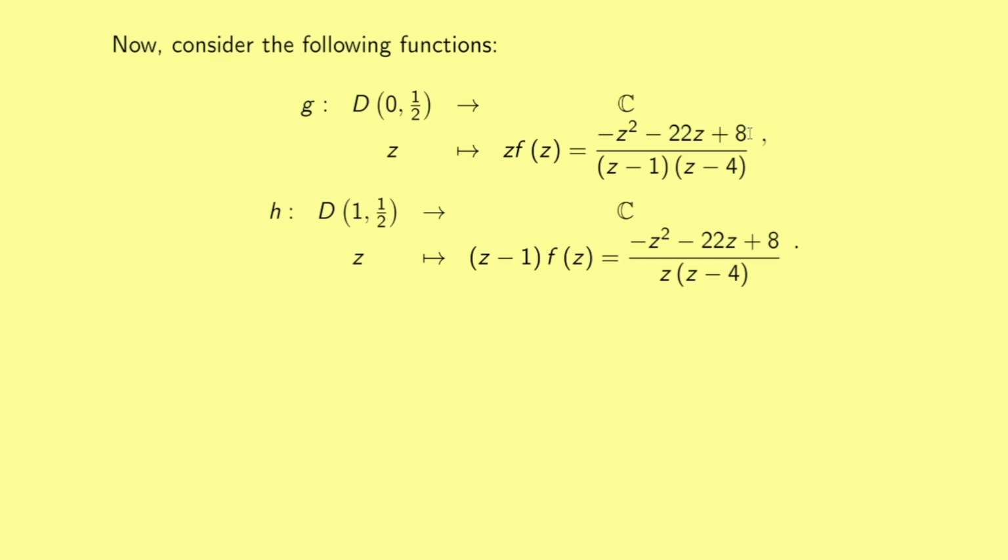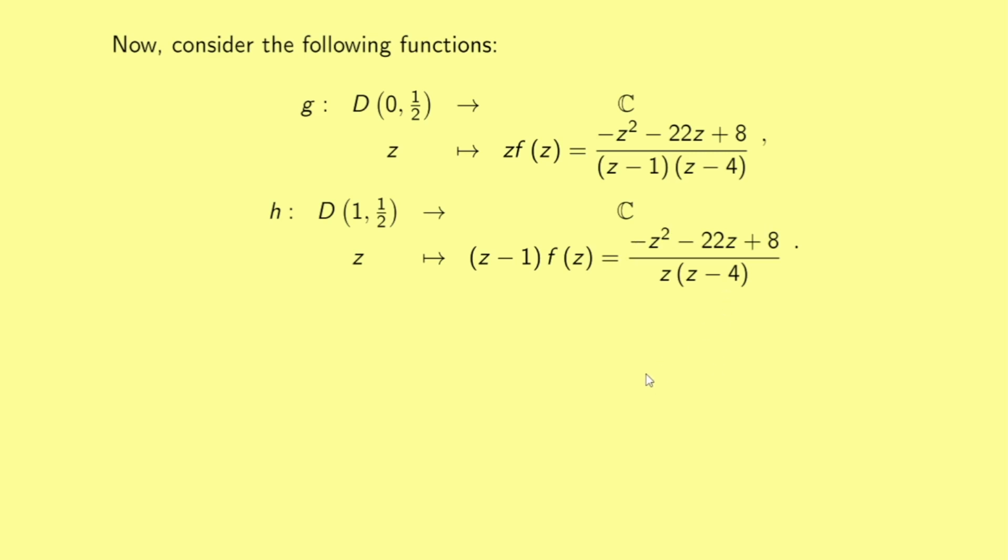I have the same numerator as before, but the denominator is just z minus 1 times z minus 4. And I have this function h defined in the open disk centered at 1 of radius 1/2, which takes z to z minus 1 times f of z. I have the same numerator as before, but the denominator is z times z minus 4.